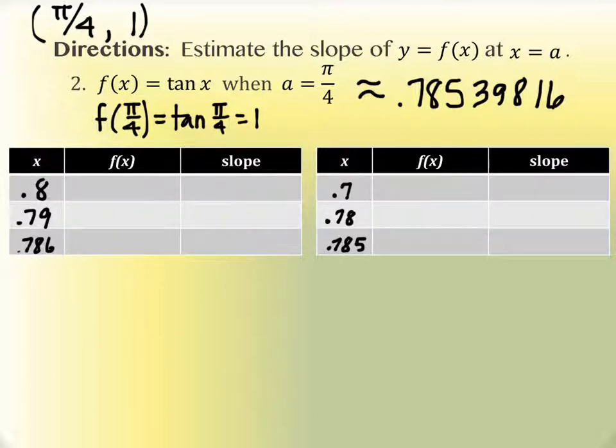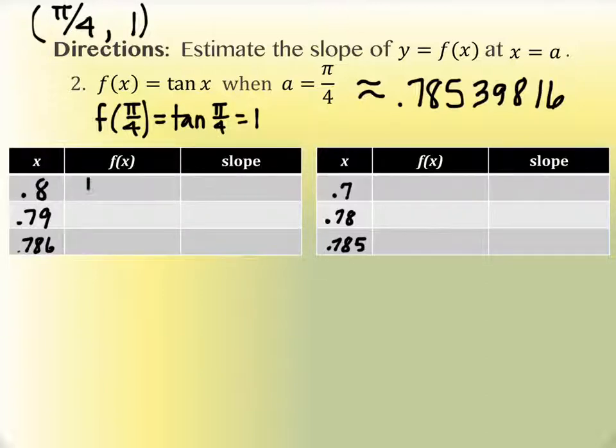Now we're going to use our calculator for all the rest of them, because they're definitely not unit circle values. So we've got 0.8, 0.79, and 0.786. We're going to plug those numbers in and write them down.